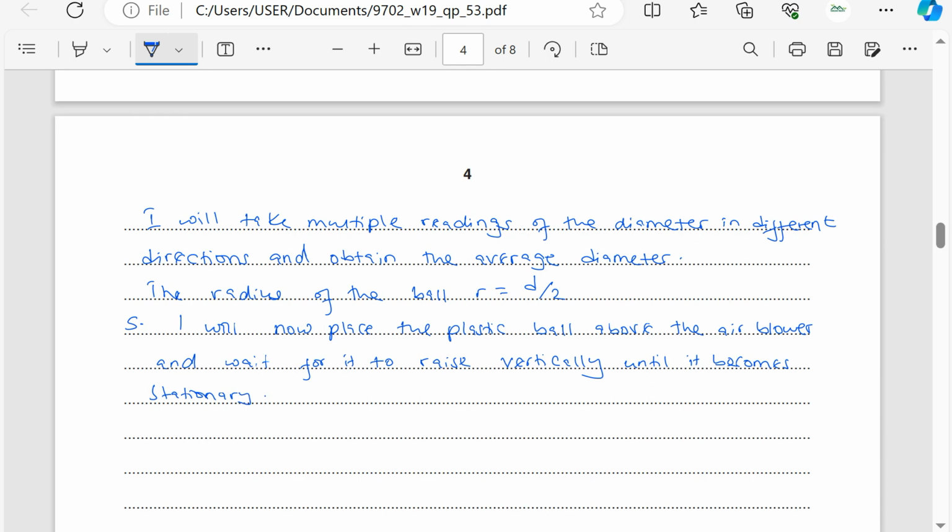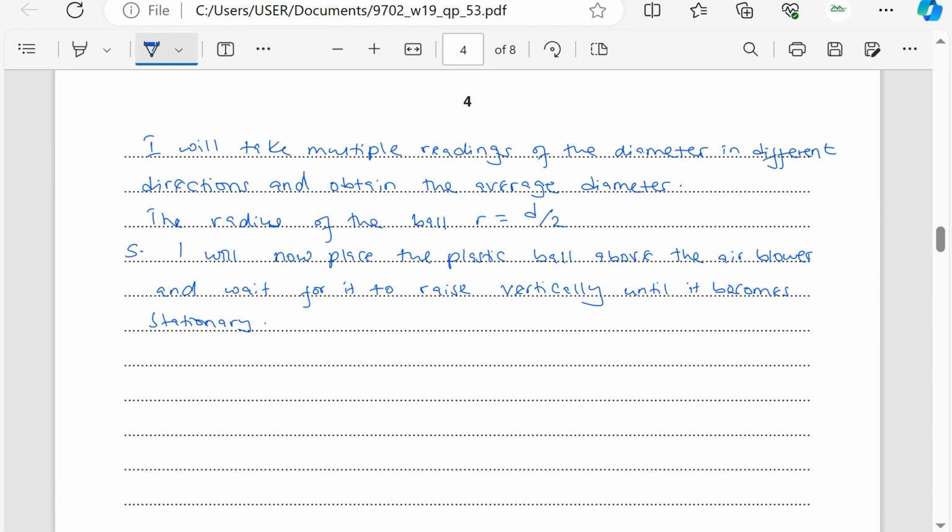So you have to wait for the ball to rise until it becomes stationary before you measure h. Then number 6, now you're going to determine h. I will determine h, but how will you determine h?